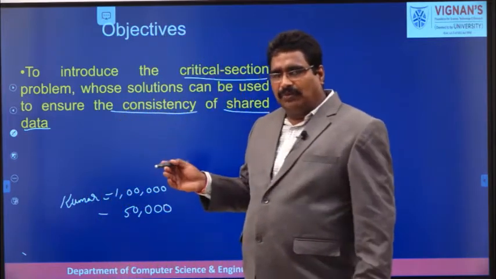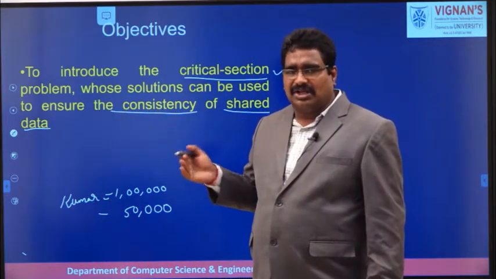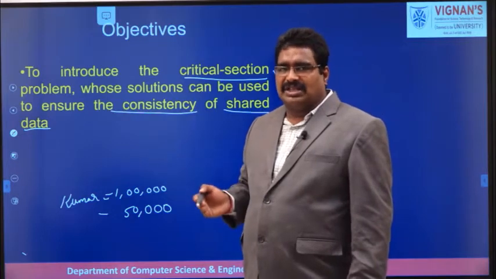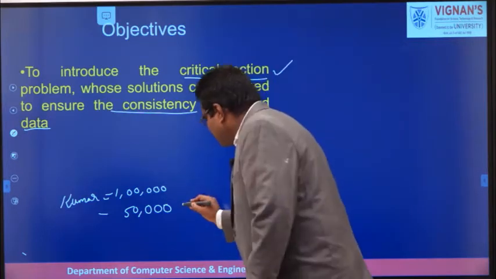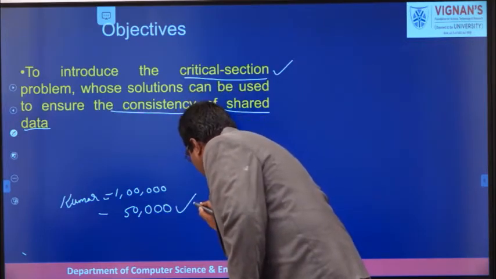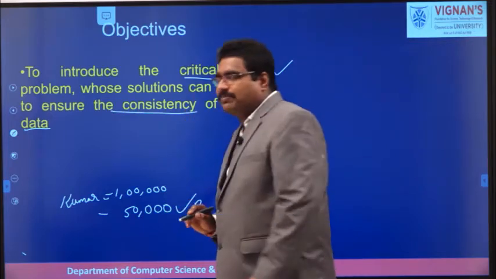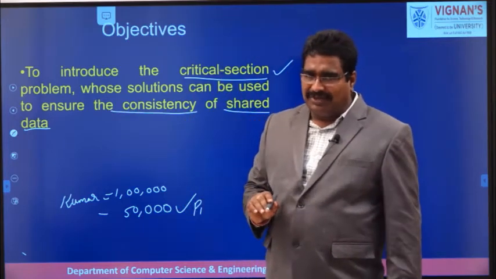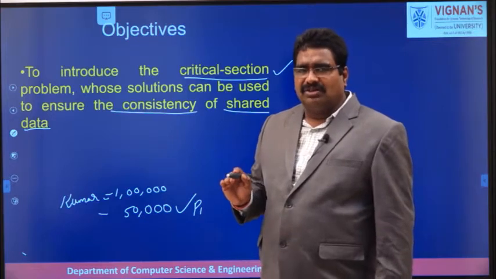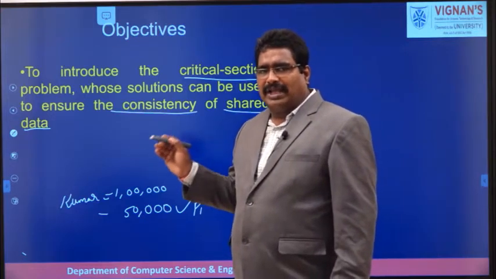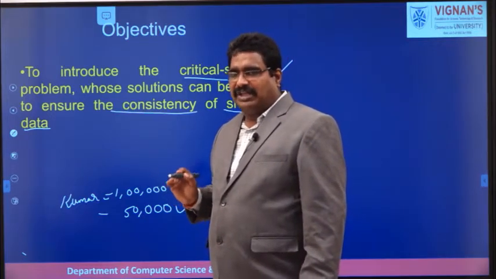Whenever he performs the transaction to transfer the amount, it requires a set of instructions. We assume that P1 is this process; it transfers 50,000 rupees from Kumar's account to the merchant account.